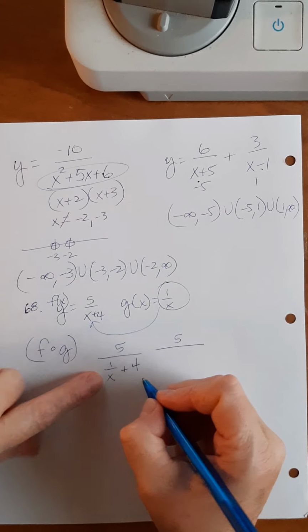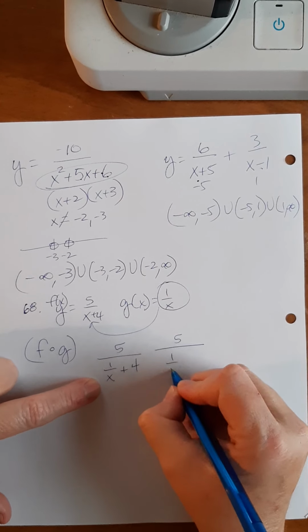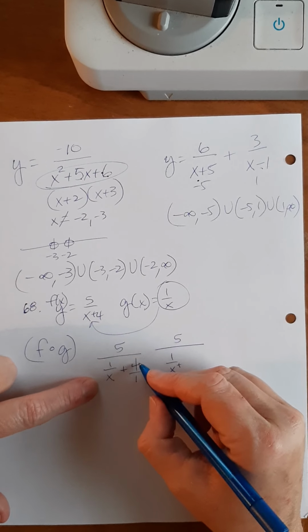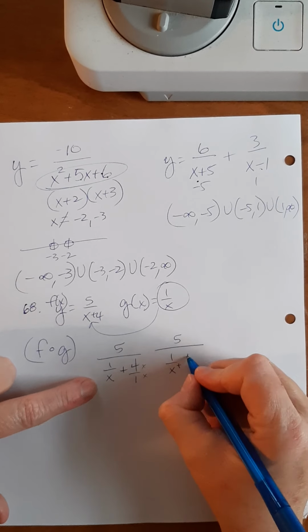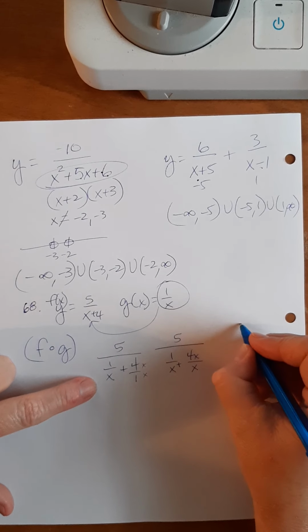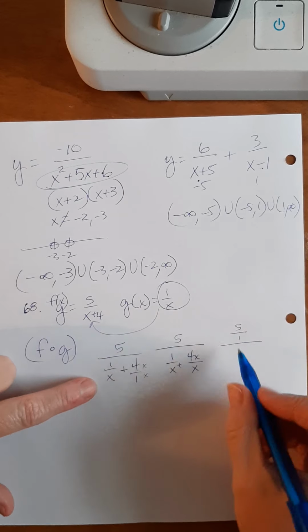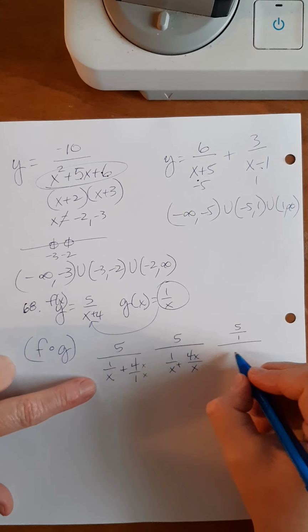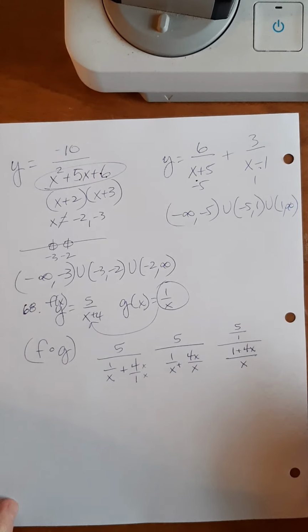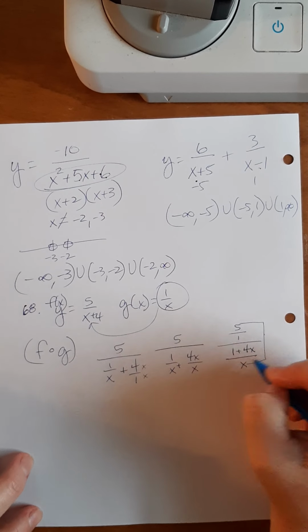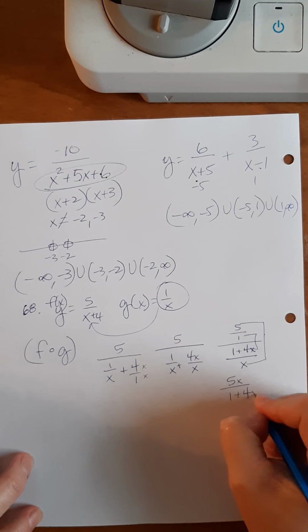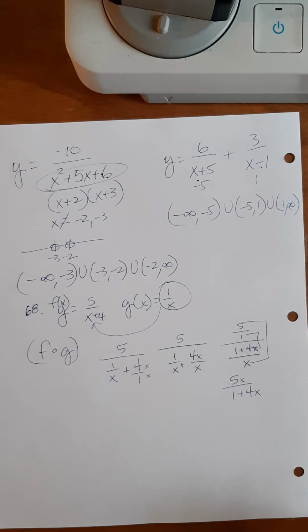So if you get a common denominator of x, that's over an understood 1, so you need an x, so multiply the top and the bottom by x, so 4x over x. Clean it up just a little. If you want, you can go ahead and put that over an understood 1. 1 plus 4x over x. Outers over inners. 5x over 1 plus 4x.